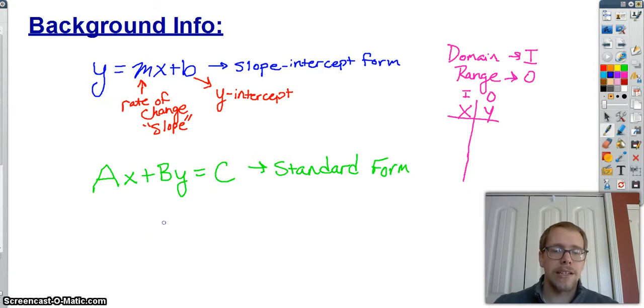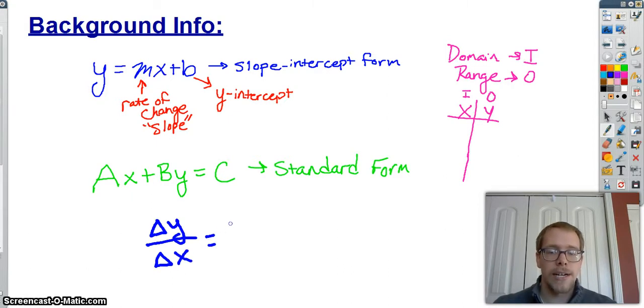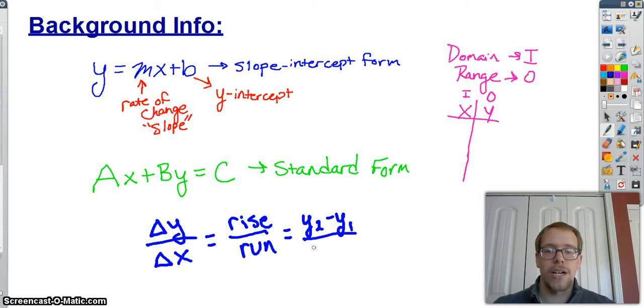Slope is calculated by the change in our y values divided by the change in our x values, often called rise over run, and which is often also looked at as our second y coordinate, take away or subtract our first y coordinate, that's the change in y, and our second x coordinate minus our first x coordinate.